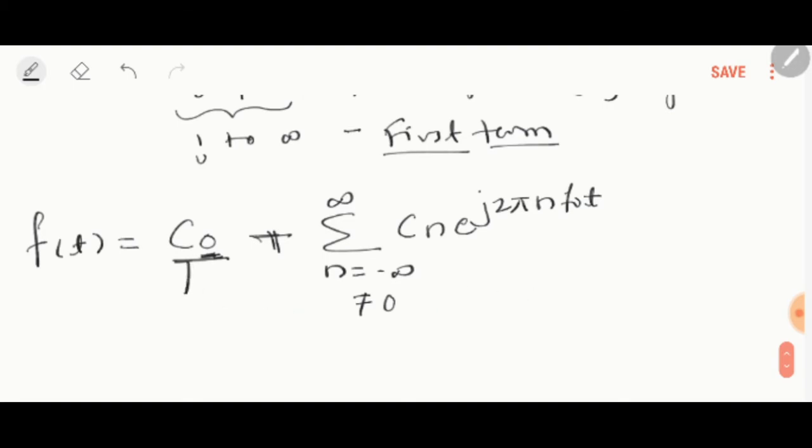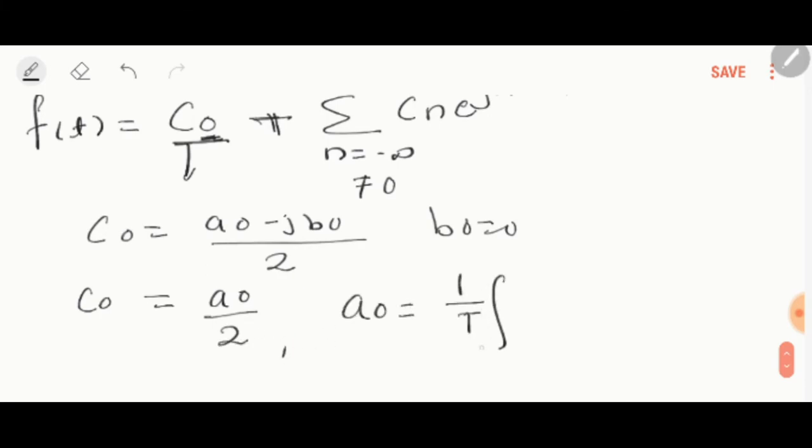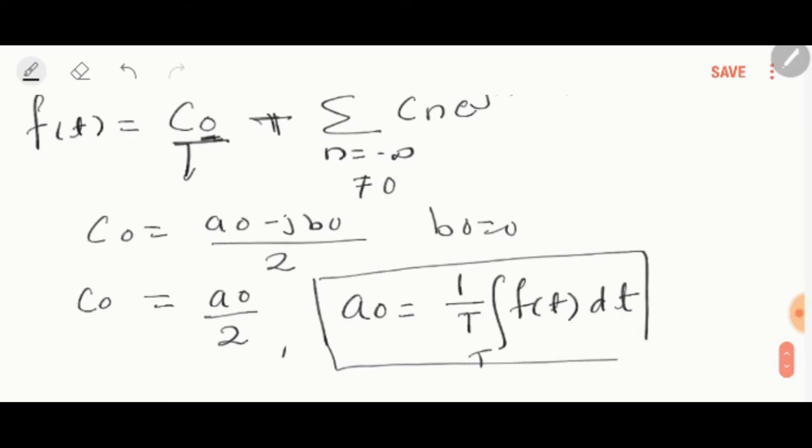So C0 value will be simply a0 minus jb0 divided by 2. We know from the previous discussion in the trigonometric series that b0 is 0. Therefore, C0 will be simply a0 by 2, and a0 is simply 1 over T integration over T ft dt that we have calculated in the earlier video.